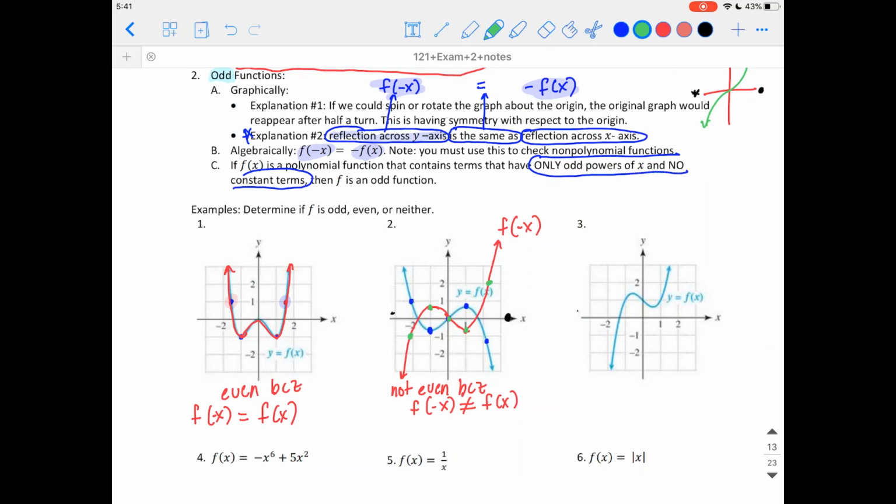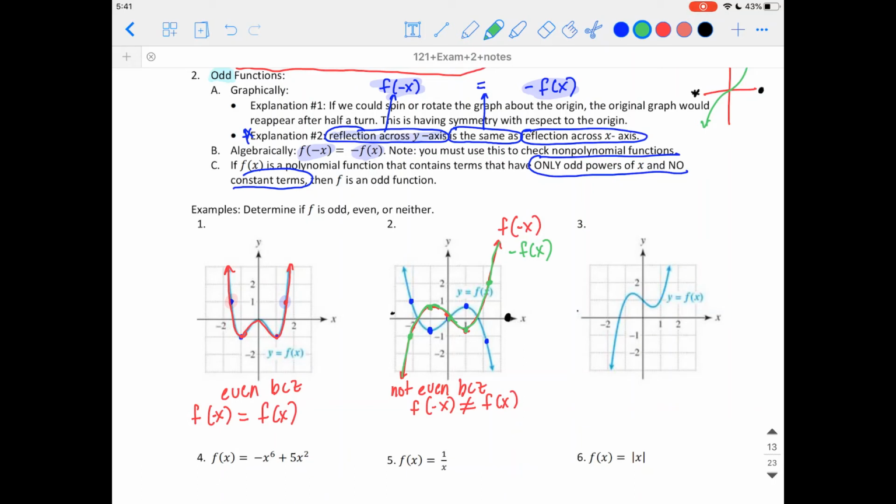So if you notice, and if I connect the dots, my reflection across the x-axis is going to be the same as my reflection across the y-axis. They're the same. Therefore, it's going to be odd.